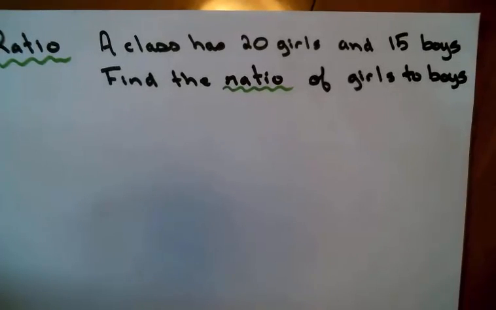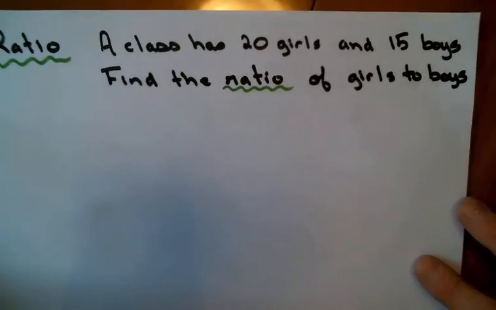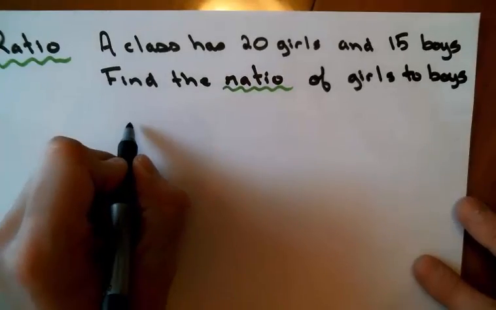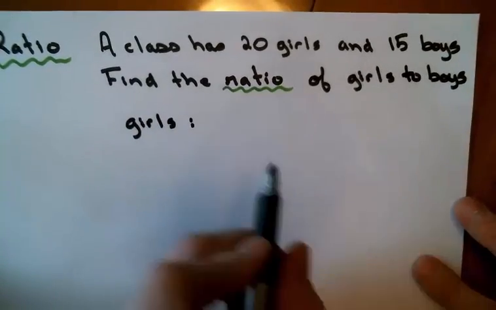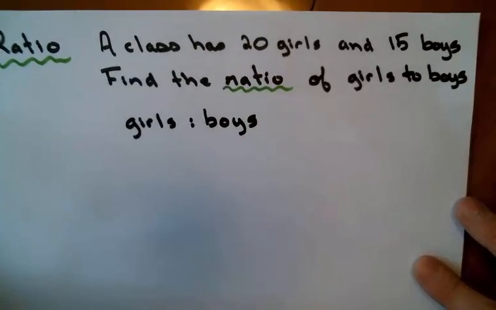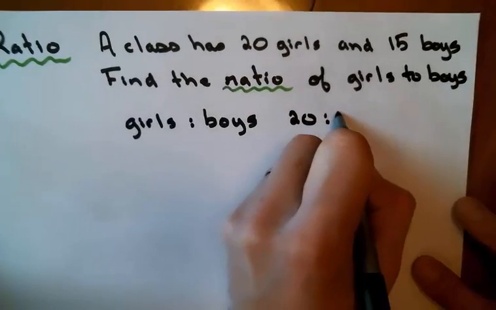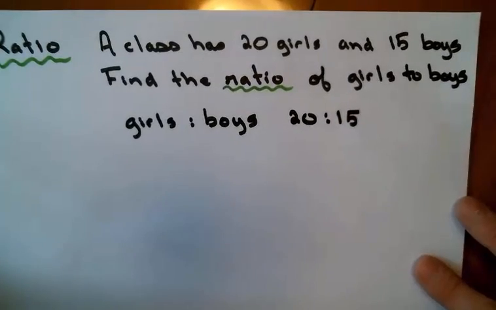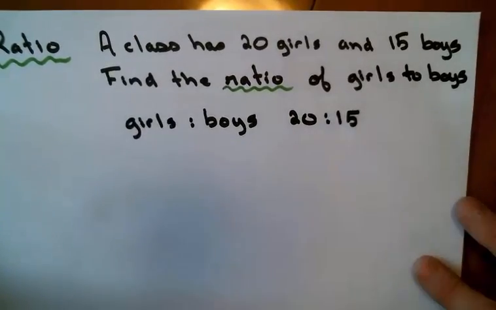Okay, here's what you do. If you want to know the ratio of girls to boys, look like this. If you got girls, we just put the colon there, to boys, and we would write it like this. It's 20 for girls and 15 for boys. You can actually write this as a fraction, where 20 is the numerator and 15 is the denominator.